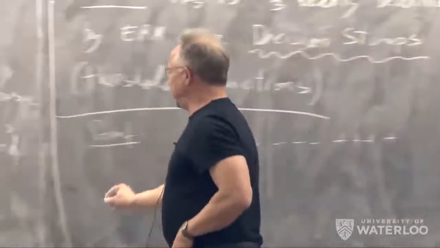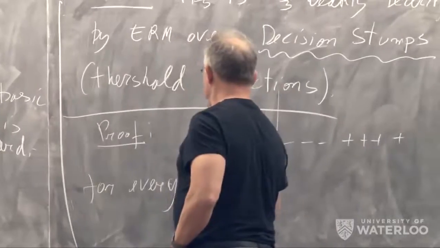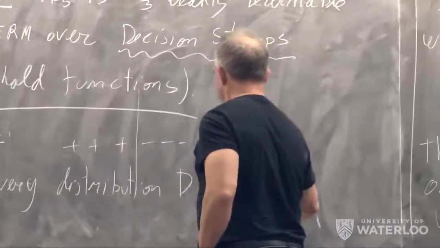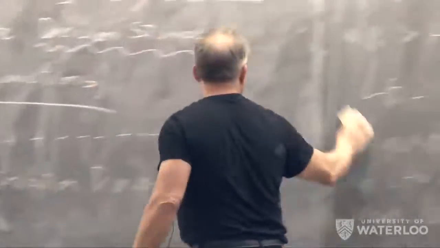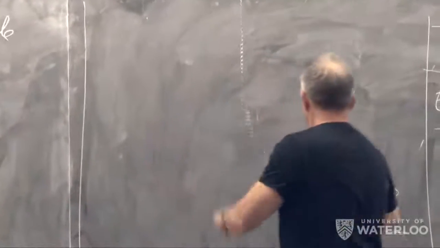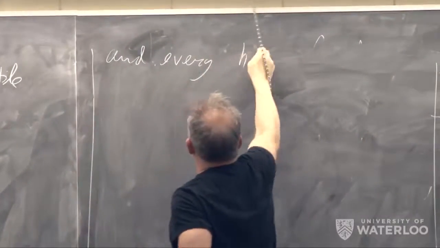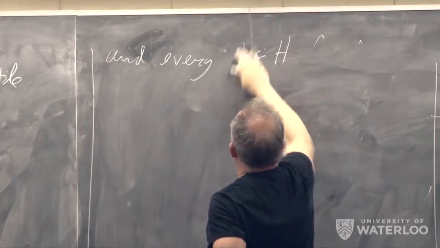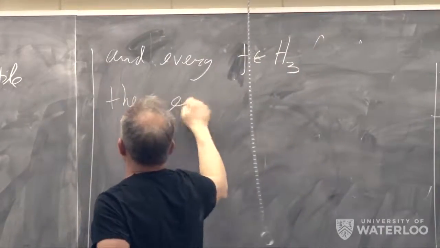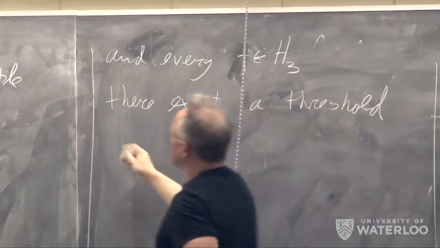So the claim is that for every distribution D over R and every F in H3, there exists a threshold function.